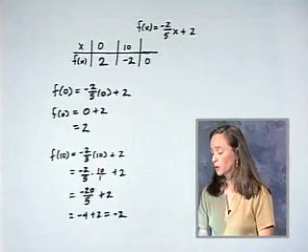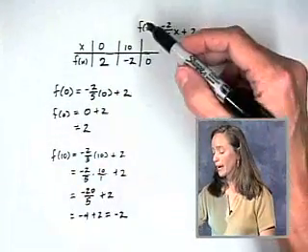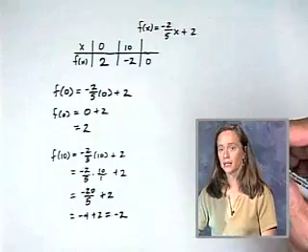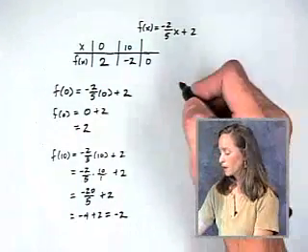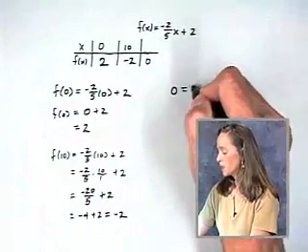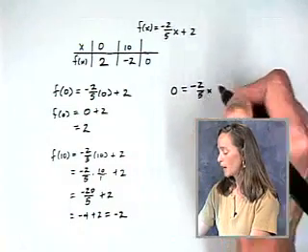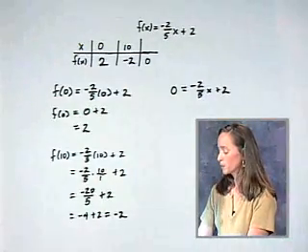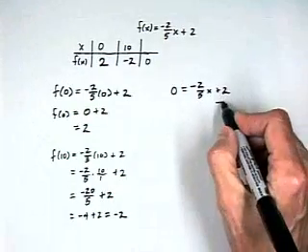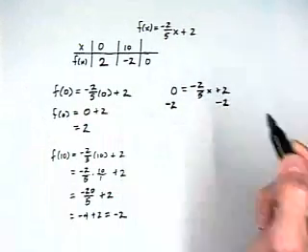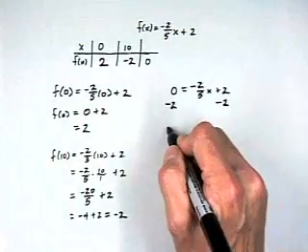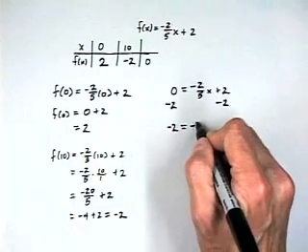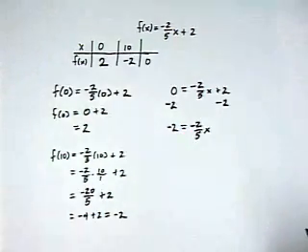Now what we're going to do is put 0 for f of x and find the x that corresponds to that. Here we go. 0 is negative 2 fifths x plus 2. Let's begin by subtracting 2 from both sides of the equation, in which case we get negative 2 equals negative 2 fifths x.